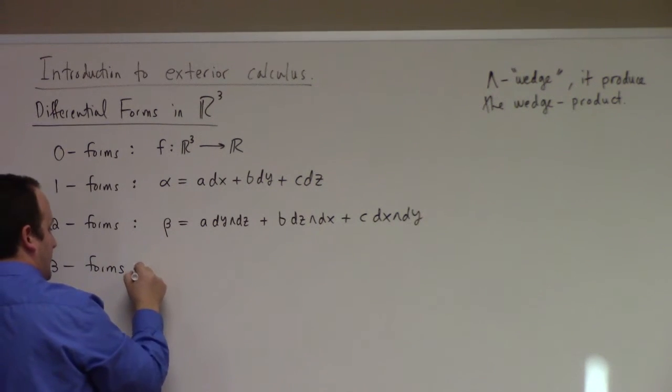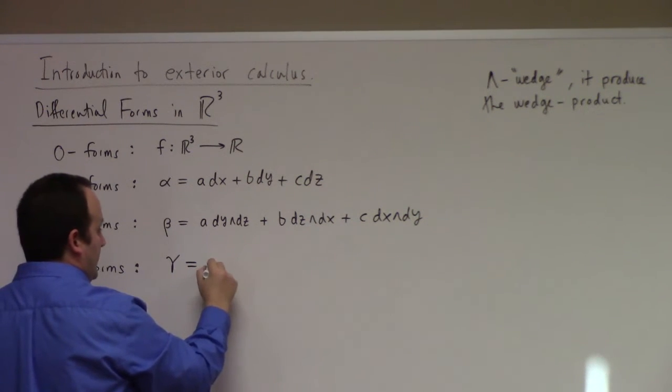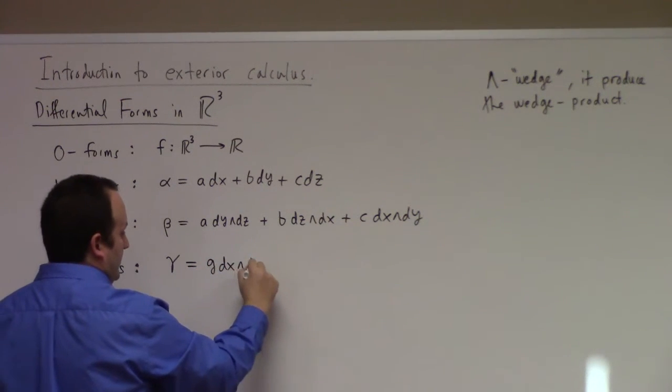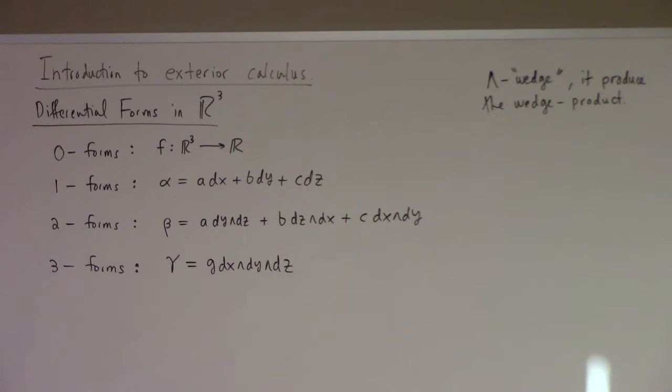Turns out there's just one kind of three form: gamma equals g dx wedge dy wedge dz. So here are the a, b, and c on the one form and the two form. These are all functions in general, all right? And the g is a function, f is a function. That's basically it.